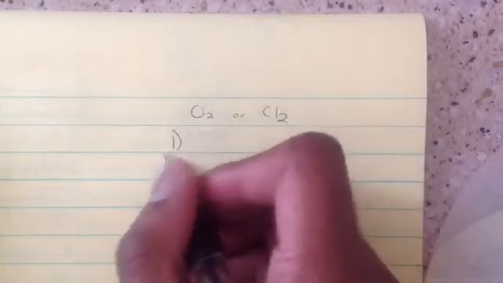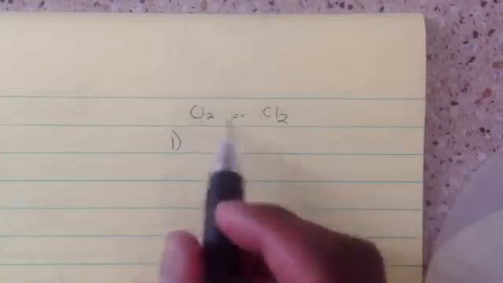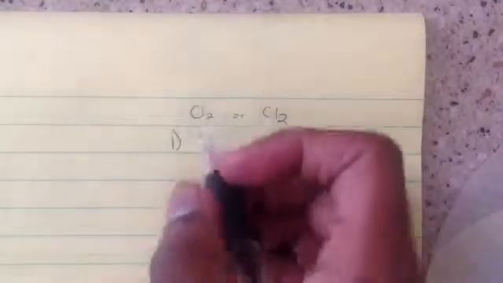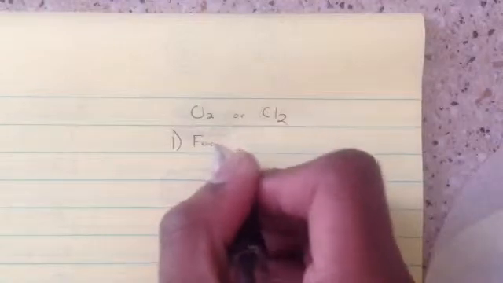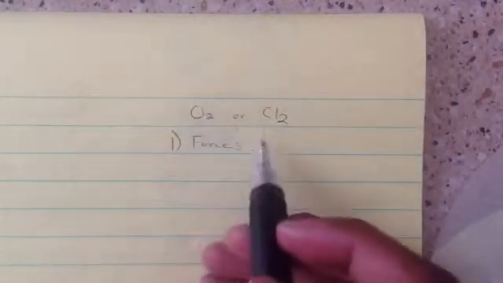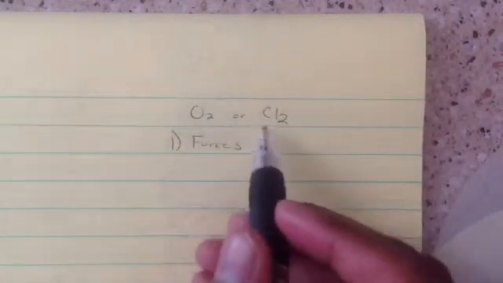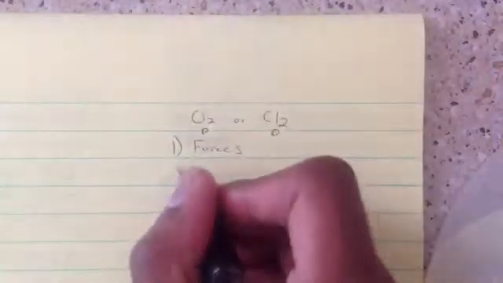So whenever you're doing a problem like this, first look at what forces they have. See which one's stronger. We looked at these two, and we saw that they're both nonpolar, so both of them have dispersion forces.